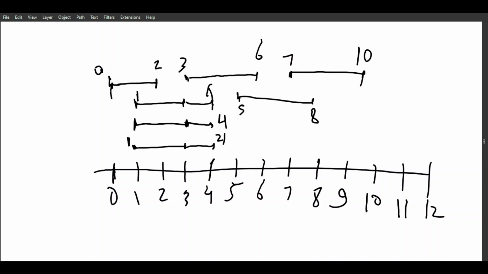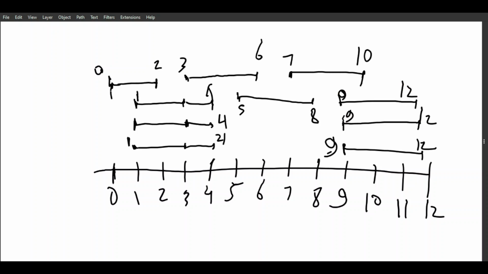And then from 9 to 12 we can make 9 to 12, 9 to 12, each from 9 to 12.